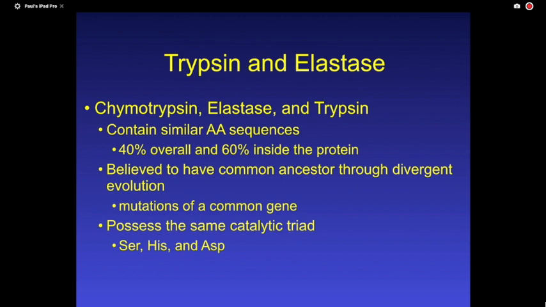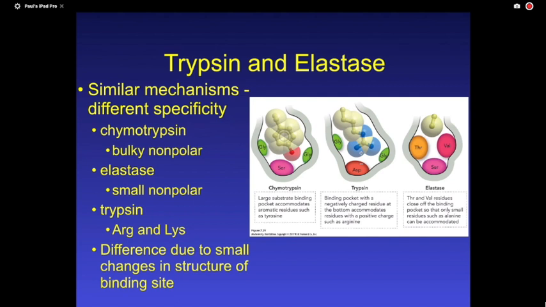Now, what I see is a wonderful design. The difference between trypsin and elastase. The chymotrypsin has a big hole that accommodates hydrophobic. Trypsin binds to positively charged amino acids, lysine, arginine. It's got a very big hole, and look what lines it.